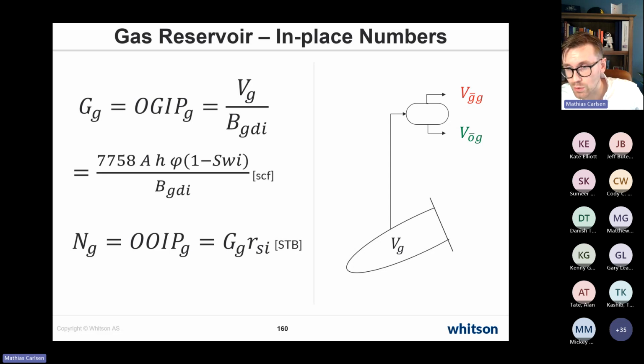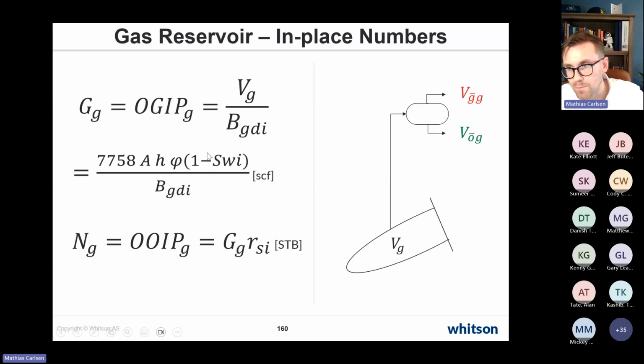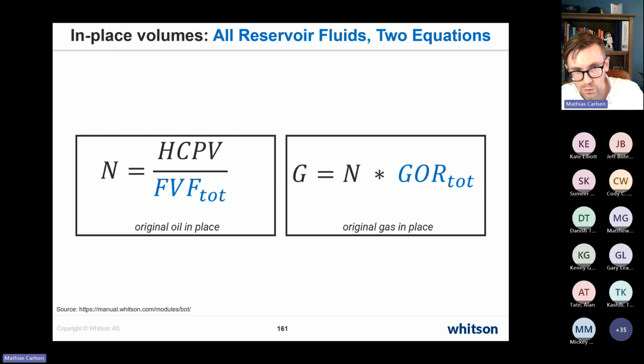One way I like to do it, and what we teach in this class, is to use something called the total formation volume factor and the total GOR. That's something that the software reports out directly. It's this number right here. And you can use essentially the same formula for all kinds of fluid systems. So no matter if you're dealing with a wet gas, a gas condensate, a near-critical fluid, a volatile oil, black oil, etc., you can use this formula right here.